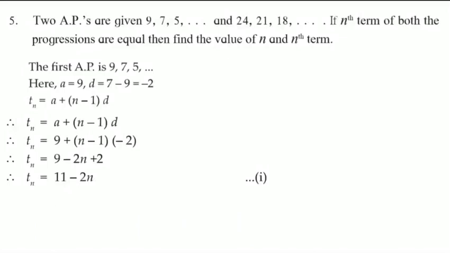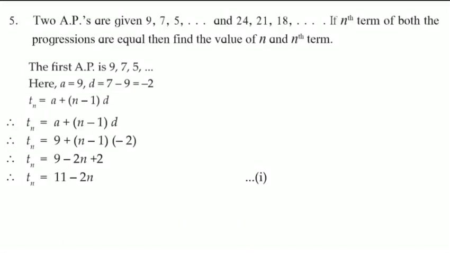Okay. Since Tn is same, it is told to us that Tn is same, so we are finding Tn. Please note that we don't know value of n. We know only a and only d. So Tn we will find in terms of n.